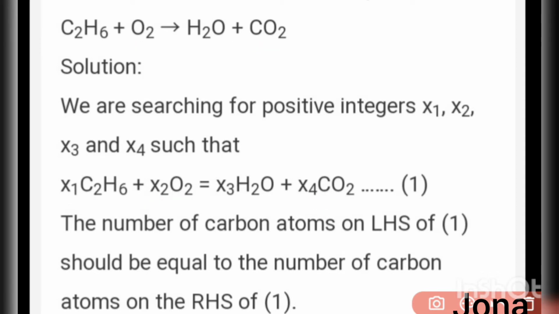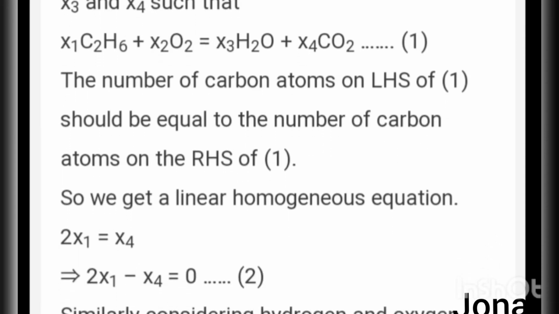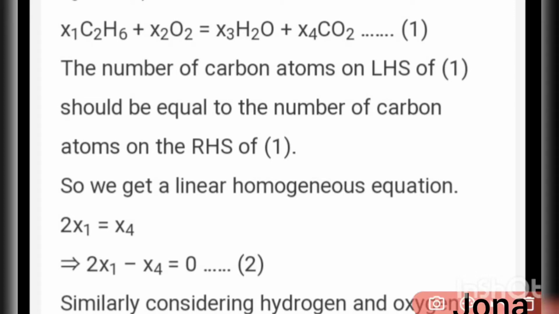Equation balancing is nothing but the number of carbon atoms on the left hand side and the number of carbon atoms on the right hand side must be equal. Let me first take carbon. Here 2 carbons are there, so we can take this as 2x1 on the left hand side.